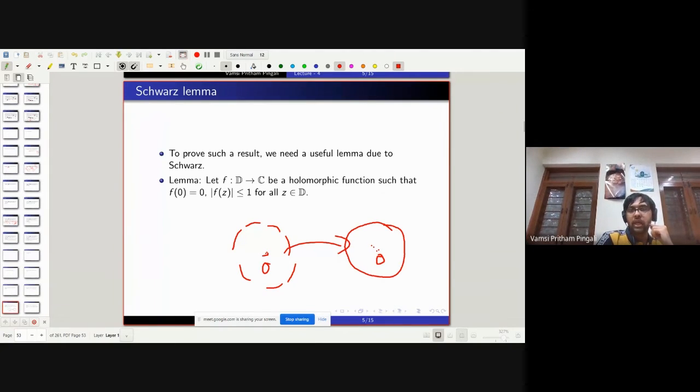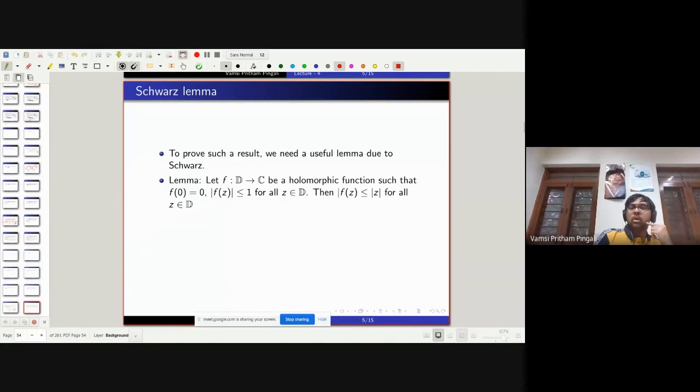And mod f of z is less than or equal to 1, which means the image is somewhere here. Then the result is mod f of z is less than or equal to mod z for all z in the disk. And mod f prime 0 is less than or equal to 1.